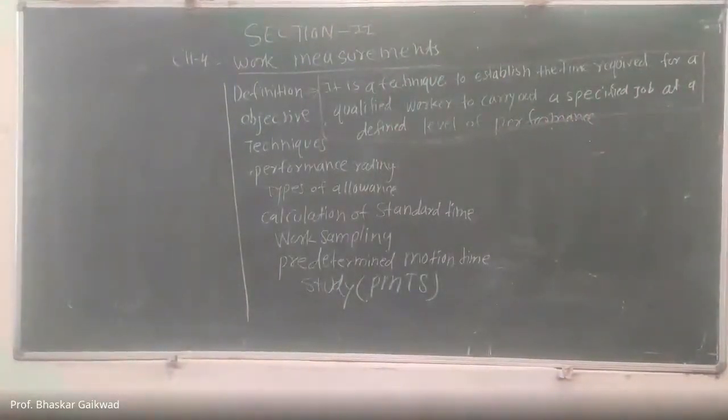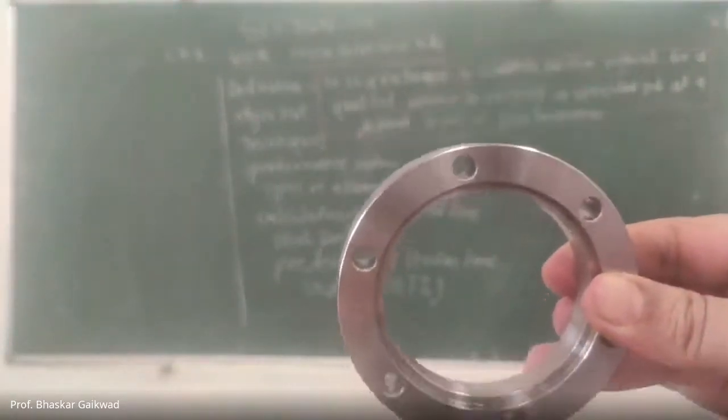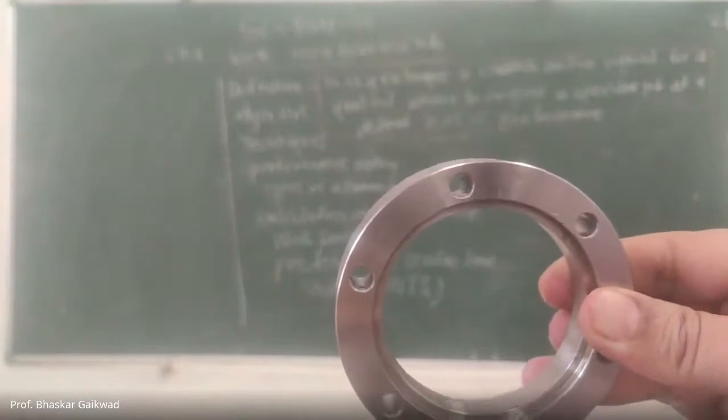It is a technique to establish the time required for qualified workers. A qualified worker means their performance is 100%, to carry out specified jobs at a definite level of performance, meaning 100% level of performance. So, to establish the time required for qualified workers.